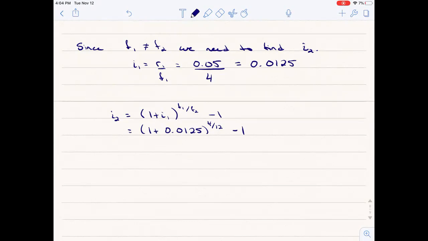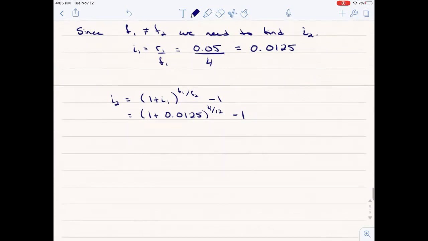BEDMAS, we have to move from inside the brackets out, right? So we have 0.0125 probably on our screen still, so I'm just going to add 1. And then to the power of, and when I do the power of 4 over 12, I'm going to put the 4 over 12 in brackets just to ensure that they're all in the power, right? So to the power of 4 divided by 12, and then minus 1, right?